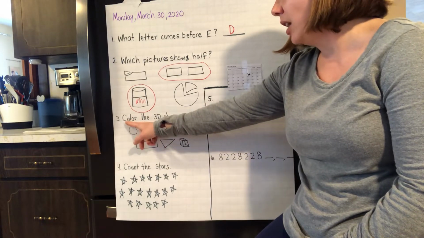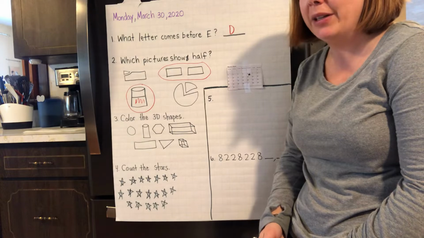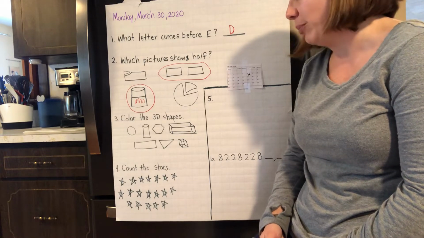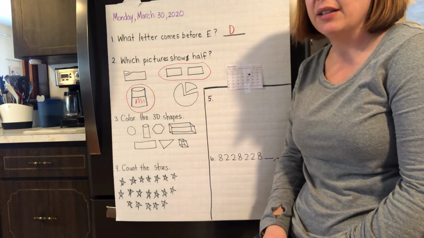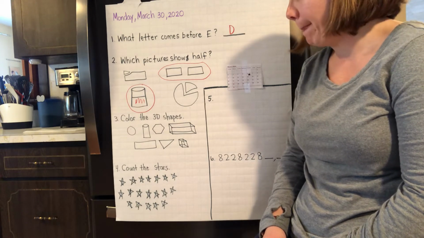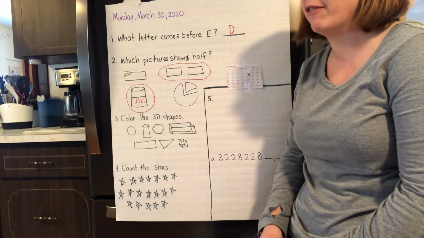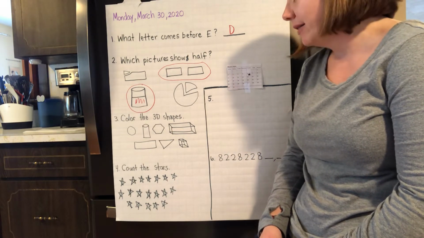The next one says color the 3D shapes. So again, if you don't have this paper, draw a picture of a 3D shape. What do 3D shapes look like? Keep thinking of that poem we sing at school. 3D shapes are fat, not flat.